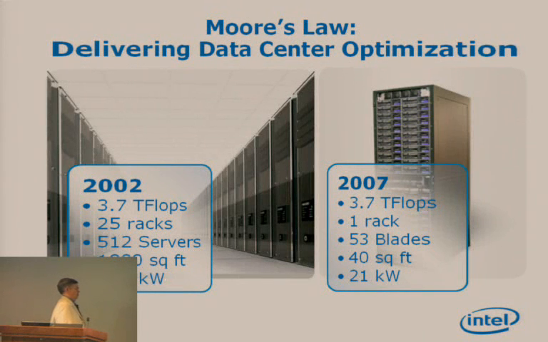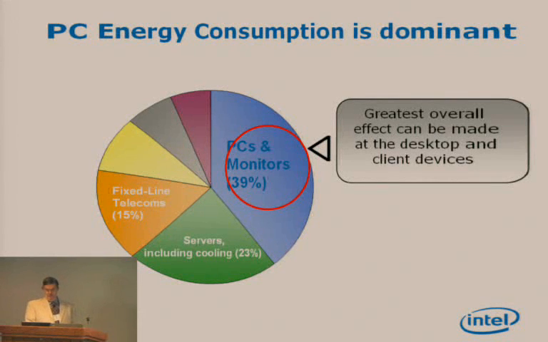This is total wall plug power to run these things, including cooling, actually. So this has actually happened in the last 5 years, and I'll give you a little bit of insights as to where that came from. But also, even though the data center is probably one of the easier things to visualize simply because it's so big and concentrated, like some of the other speakers have noticed, where we really spend most of our power is in PCs and monitors.